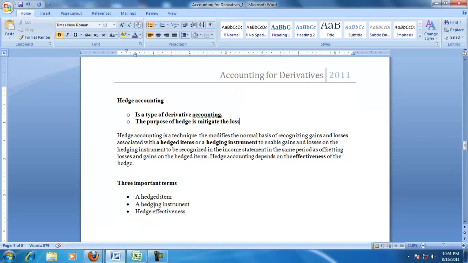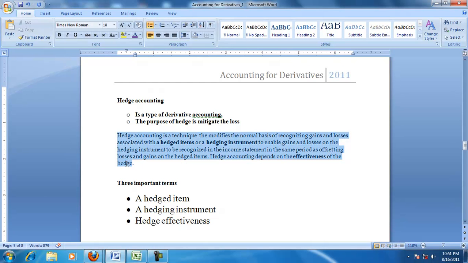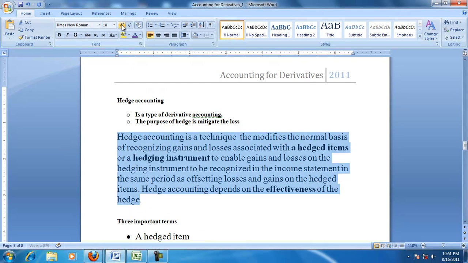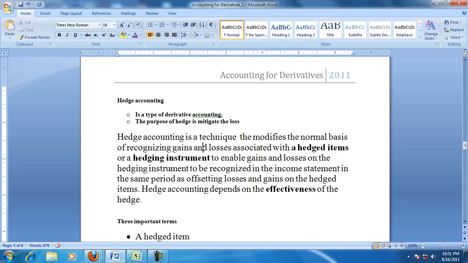So in order to understand hedge accounting, there are three important terms that we have to understand. That is hedge item, hedging instrument, and hedge effectiveness. Why? Because that's the way hedge accounting has been defined. Hedge accounting is defined as a technique that modifies the normal basis of recognizing gains and losses.